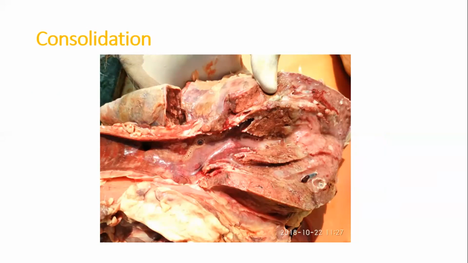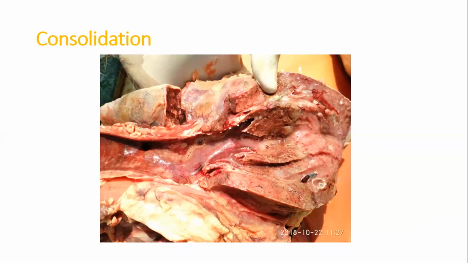So here I am not giving some specific type of conditions, because unless and until we go for the isolation and identification of the organism, it's better to say this is only a gross picture, having the consolidation, having the marbling, having very tough or very solidified lungs.